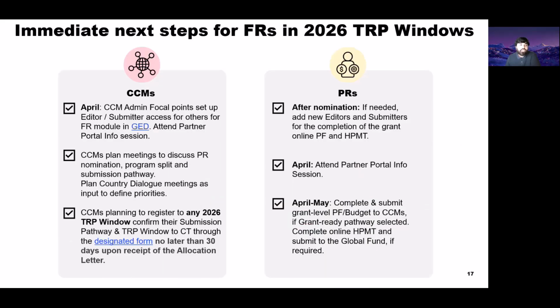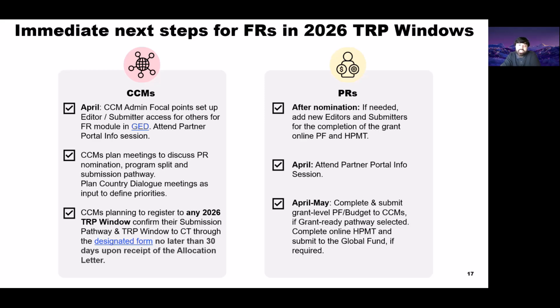So moving over, here are some immediate next steps for funding requests for these upcoming TRP windows. As we've mentioned already a few times, and again, we want to reiterate, please, for the CCM admin focal points, set up editor or submitter access for any other new or existing CCM users.